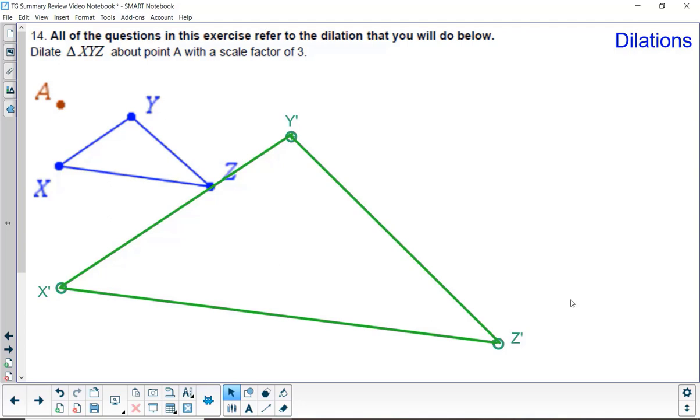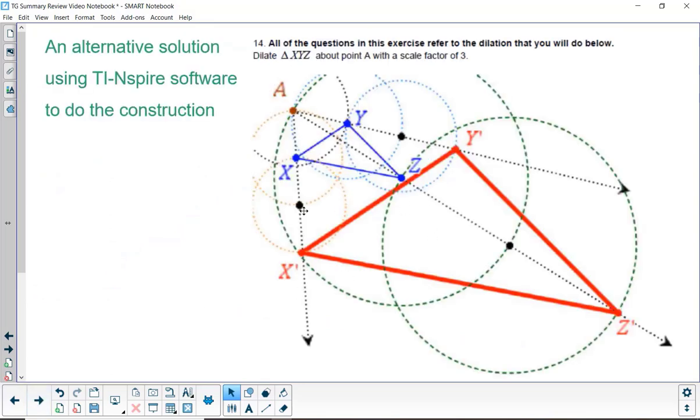Press pause as needed, or go back as needed. I did also do this with TI-Nspire software to do the construction. Looks a little crazy, but hopefully that makes some sense to you.